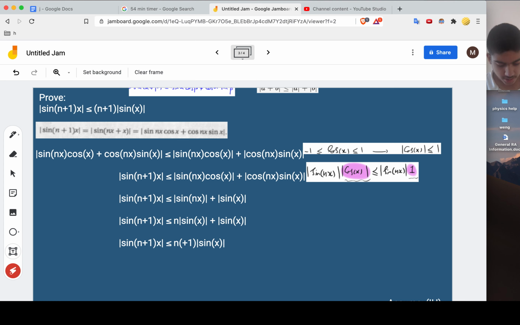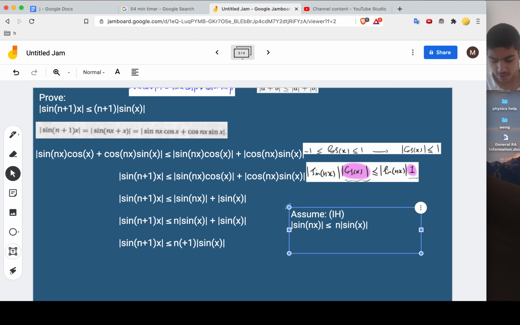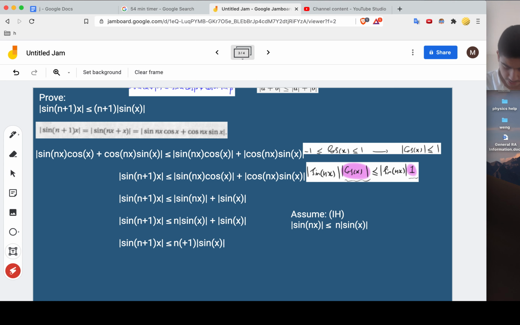And what we will see is that now it's time to use our inductive hypothesis. You know how in the beginning we assumed it? We can use it now to help us prove. So in the inductive hypothesis, we see that sine of nx is less than n sine x, right? So we're going to take the sine nx, and again we're going to replace it with something that's bigger. We can always do that because the inequality will still be true.